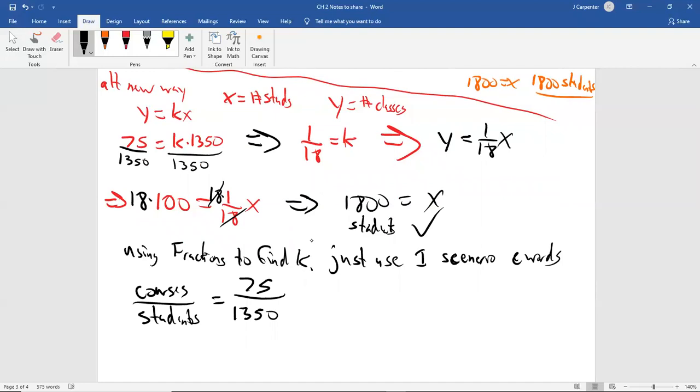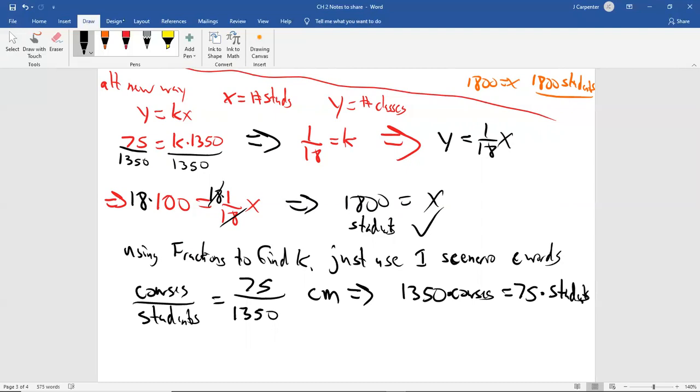And then what you do is you cross multiply, which will give you 1,350 times the number of courses equals 75 times the number of students. Make sure you know these aren't labels, those are basically variables. And then you can just choose to solve for one or the other.